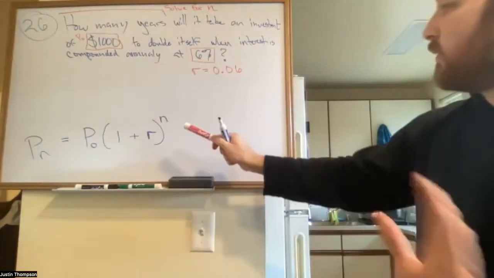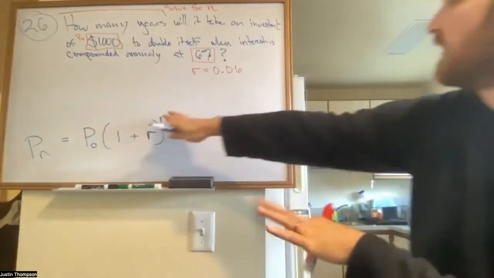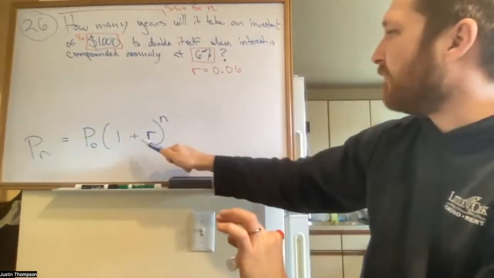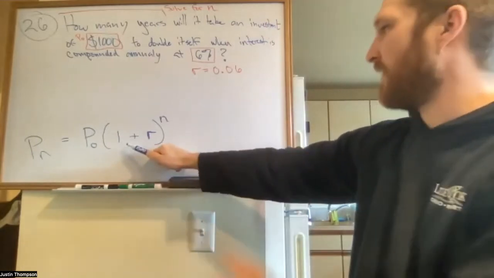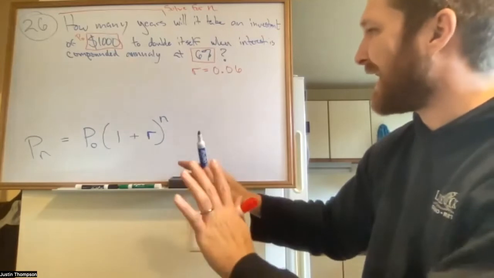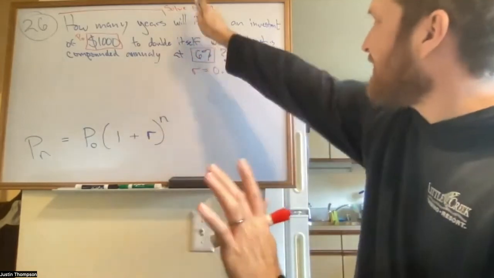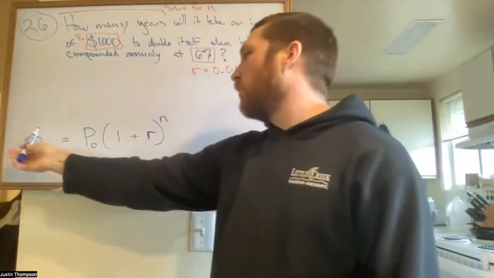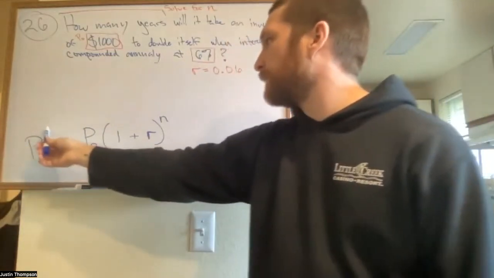The only thing we're missing: I have my initial amount P0, good. 1 is always 1. Plus r, I have that, 0.06. n is the thing I'm looking for. Uh-oh, wait, I don't know what this output is supposed to be.